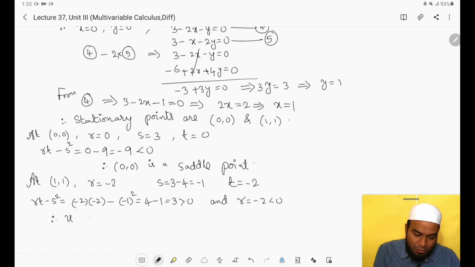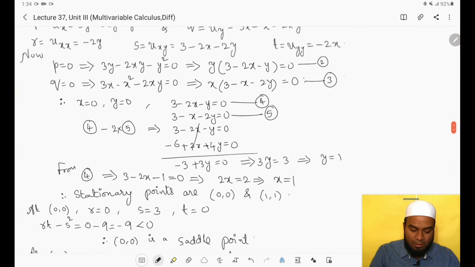Therefore, the function u has a maximum at (1, 1), right? And the maximum value is given by, what is the function u equal to?